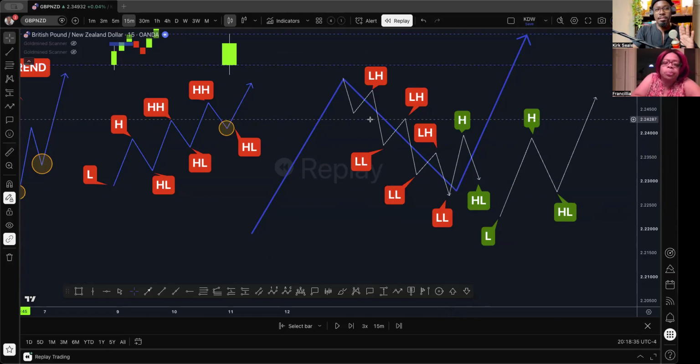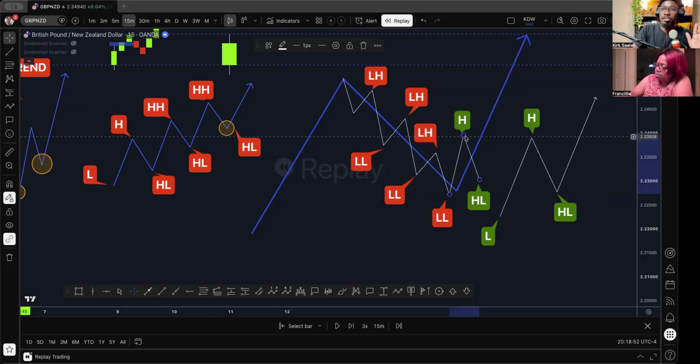So let's just back up a bit. Once we keep getting these lower highs and lower lows, we're going down. The moment instead of a lower high, we get a high, something has changed. We're not going up as yet, but we've got to pay attention.